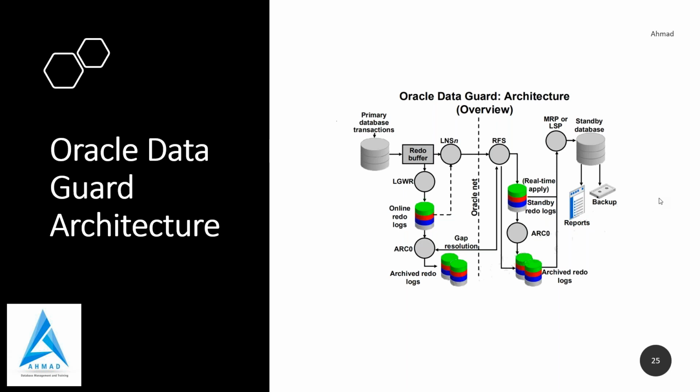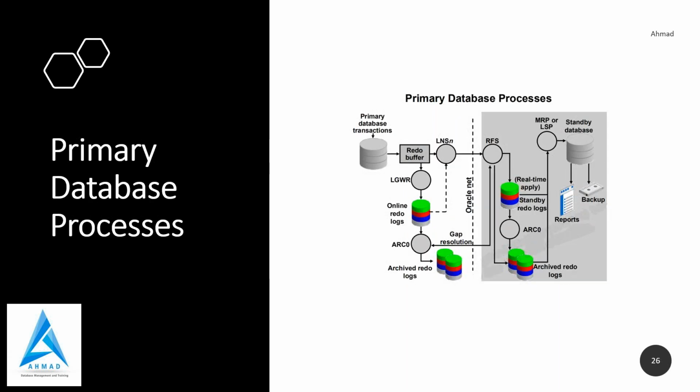So this is about Oracle Data Guard architecture. Now let us see it process-wise. What is the work of LGWR? LGWR basically collects the transactions, as everyone knows, from the redo log buffer and updates the online redo logs. Okay, and suppose you are using a sync or synchronous standby database, then LGWR passes the redo to the LNS, that is the Log Writer Network Server process.